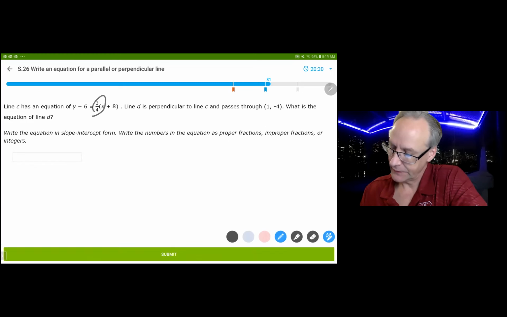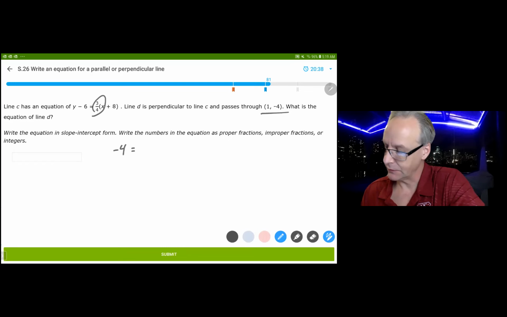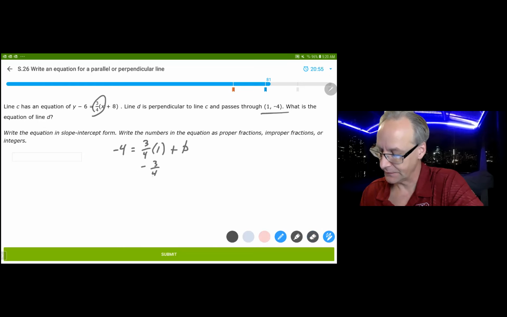Perpendicular means that we want a slope of negative 4 over 3. And we want this point. This is going to not work out very nice, but it's okay. Negative 4 equals 3/4 times the 1 for the x plus the b. That's y equals mx plus b. Subtract the 3/4 from both sides.